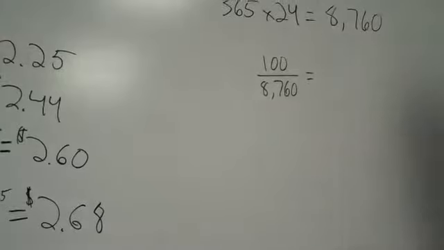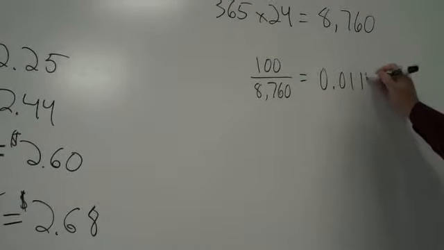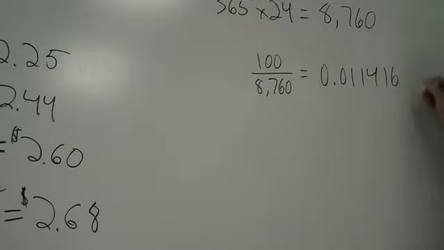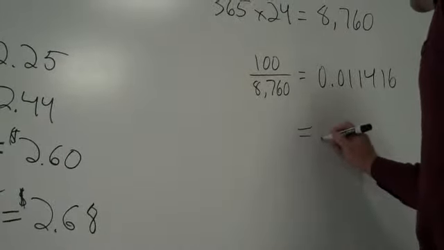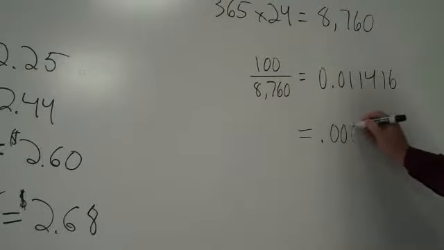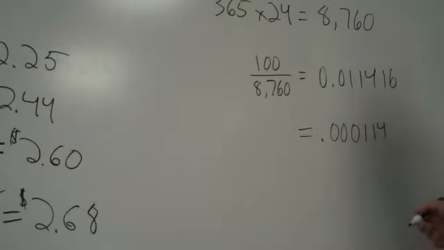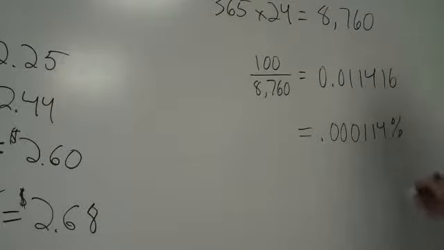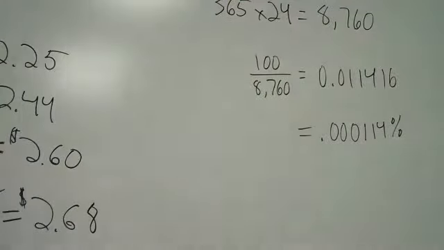What do you get? 1.6. Okay, I'll round that. That means as a percentage, this is 0.000114. Correct? Yeah. Okay. So what I have to do now for compounded hourly.